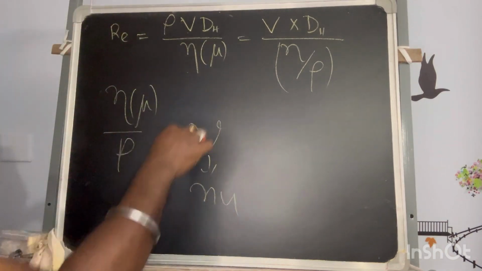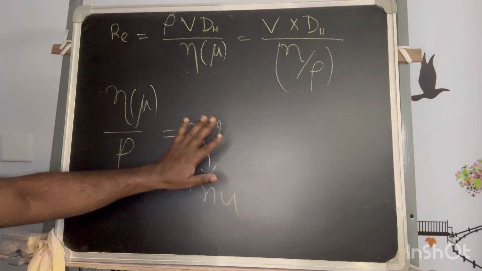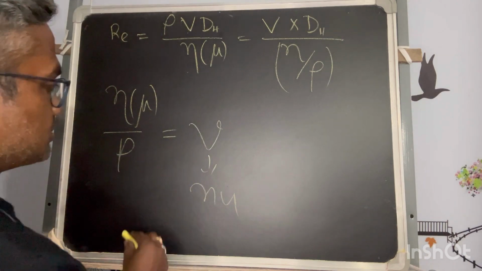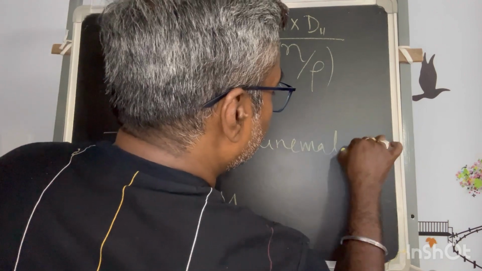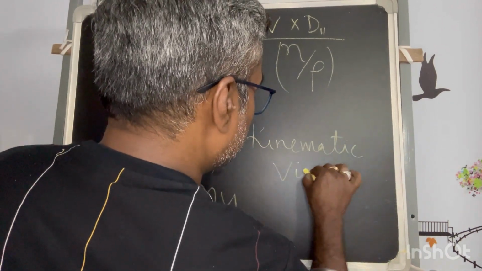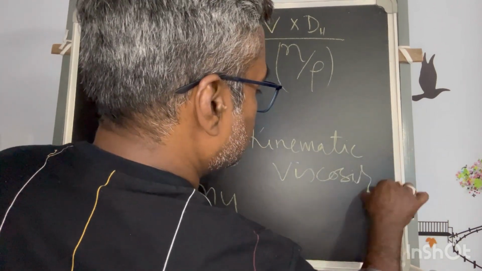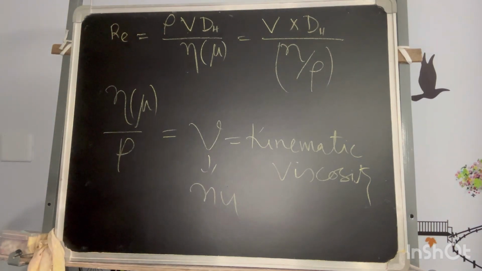I don't know if it is the right way of representing it, but more or less something like that. So this is nu, your kinematic viscosity.